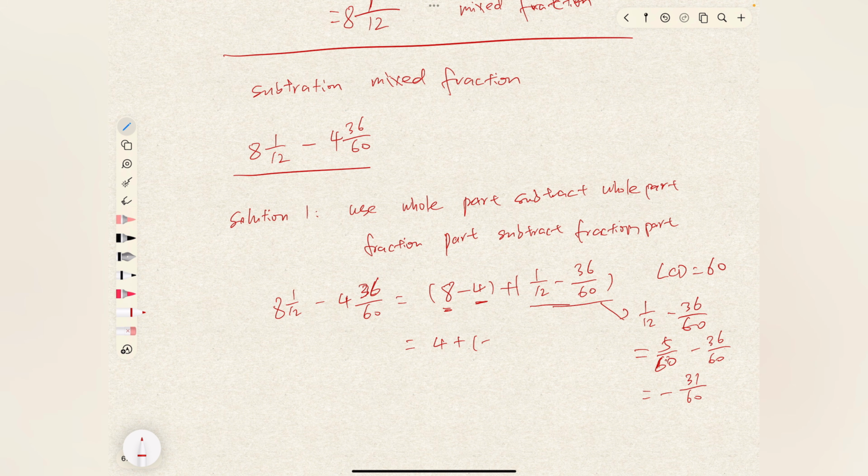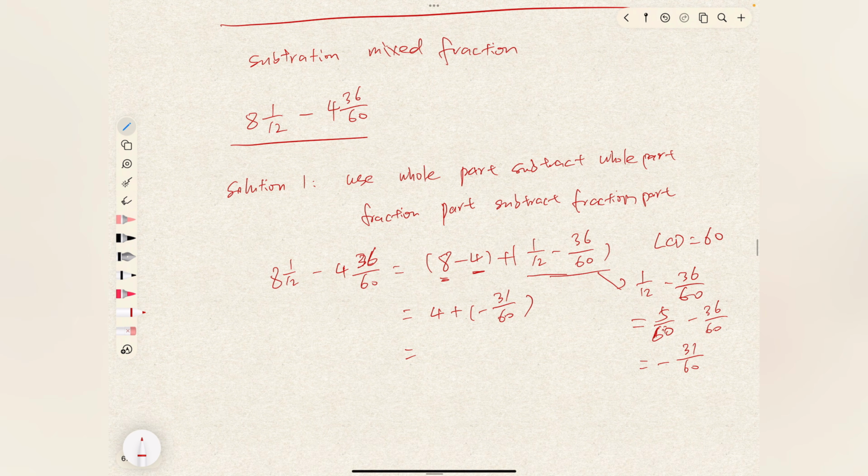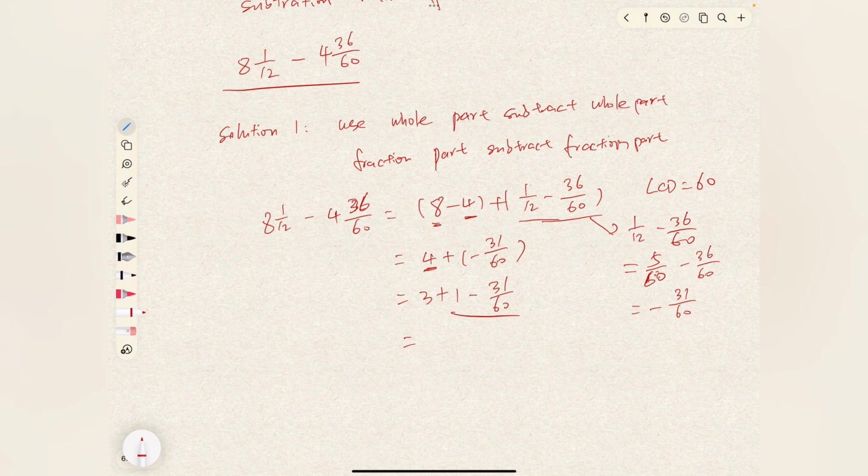That gives us a negative value. That's why we need to borrow 1 from here, so it's 3 plus 1 minus 31 divided by 60. If we use 1 minus 31 divided by 60, that will give us 29 over 60. So it's 3 29 over 60.